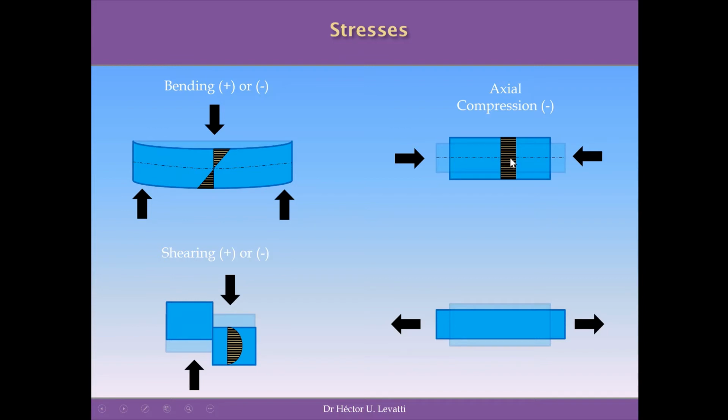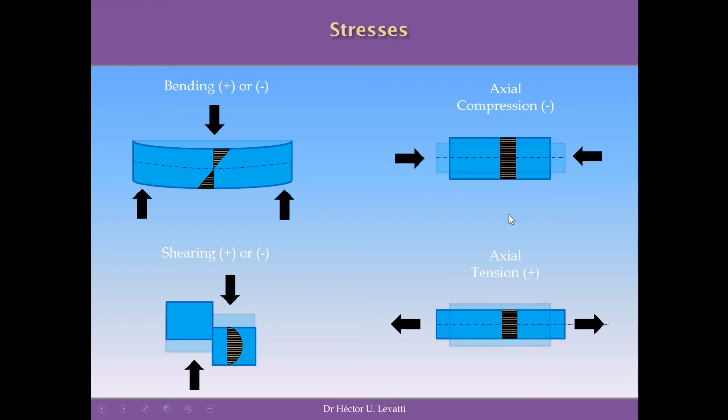So the value of the compressive stress is always the same, and is essentially different to the previous cases. Again, for the bending case, we have a linear distribution of stresses with maximum on top and at the bottom. With the shear stresses, we have a parabolic distribution with the maximum in the middle of the cross section. For axial forces in compression, we have a constant distribution of the stresses with a constant value everywhere in the cross section.